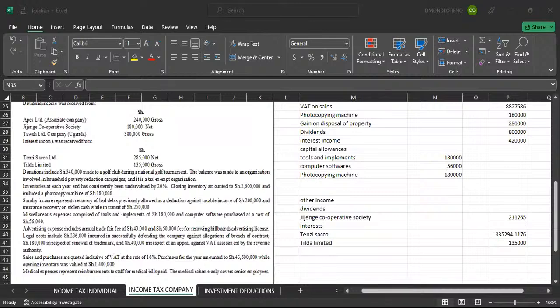No, something is wrong somewhere. Computer softwares, apana. It is not that one. It is not 20%.